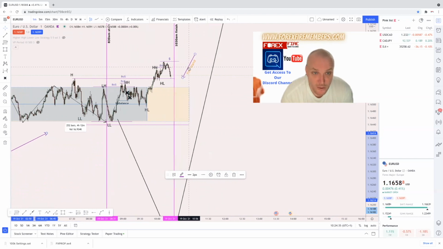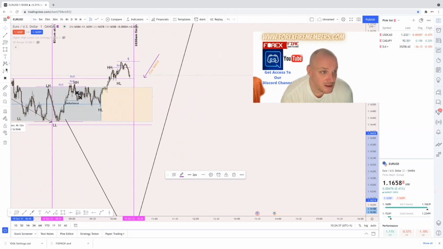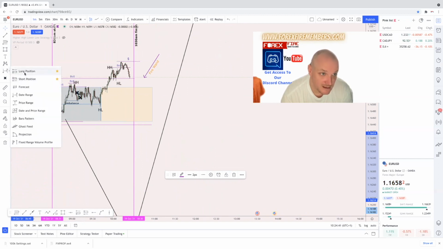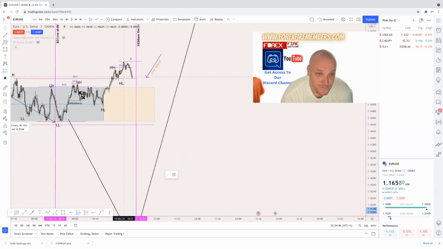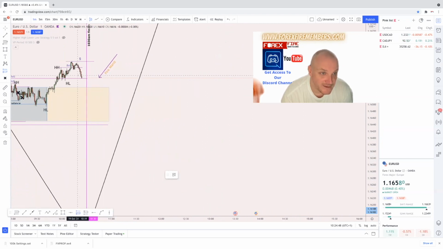If you look at this now, we haven't entered the trade, okay? I'm protecting that. As we're ending the session, this would have been an entry and it would be in drawdown at the moment.